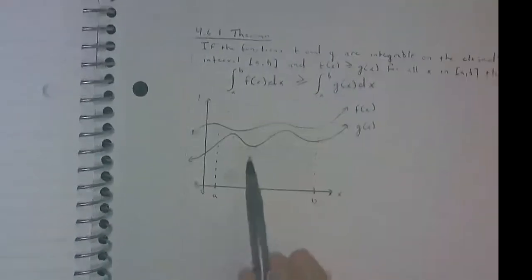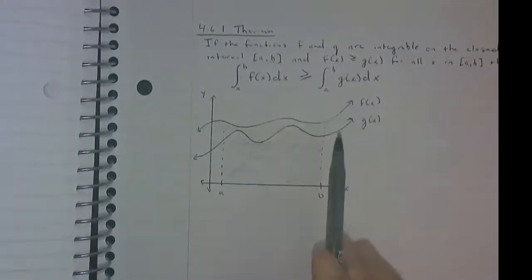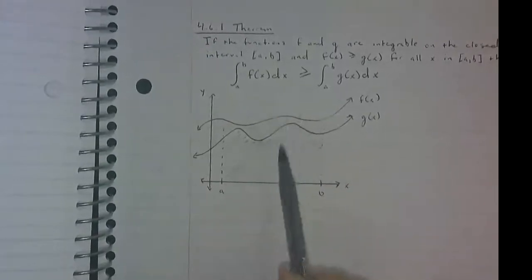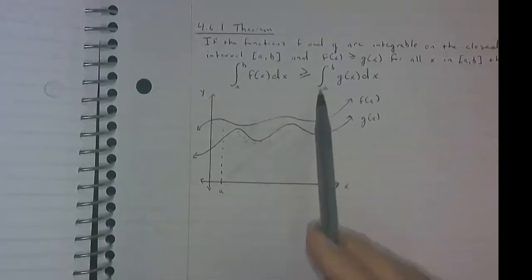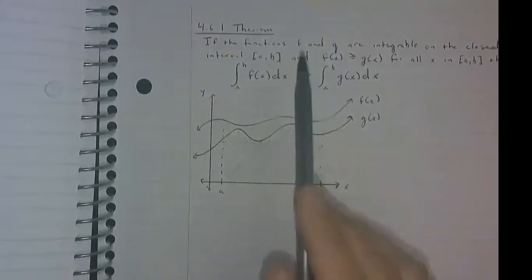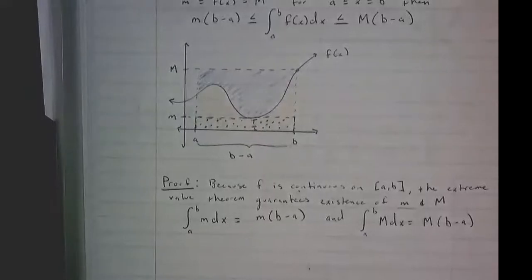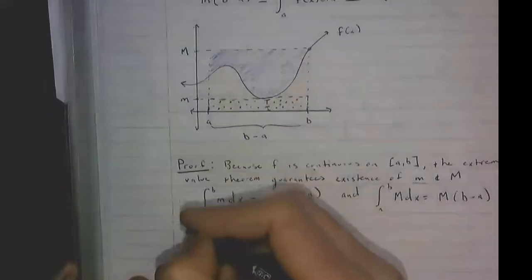And remember, the second thing we did today, after we remembered the mean value theorem for derivatives, was if you've got two functions and one is always bigger than the other, you can apply that inequality to their definite integrals on that interval too. So that's exactly what we're going to do, but now we're going to use f of x and m.